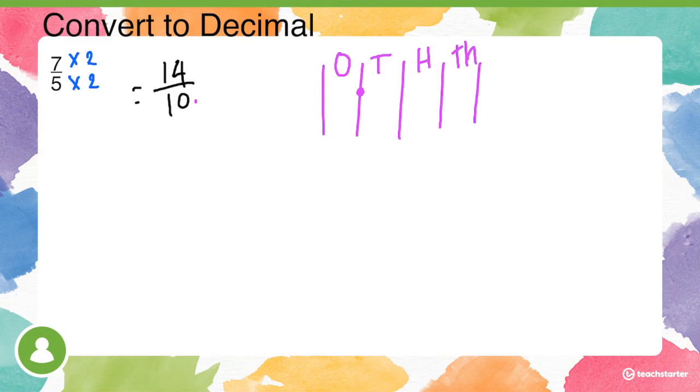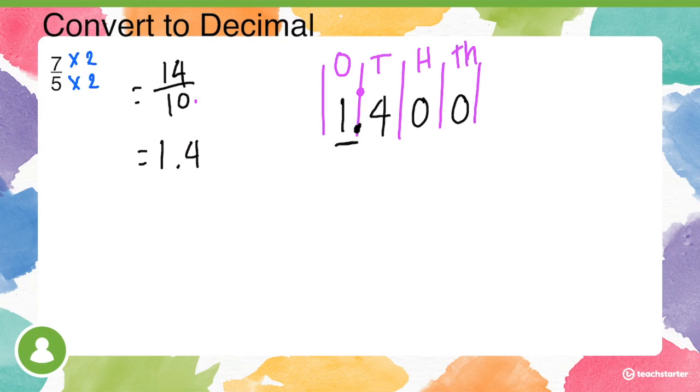So my last digit is going to be in the tenths column, and my last digit is a 4, so that's going to be in the tenths column. And then I don't have any hundredths, I don't have any thousandths, etc. But I do have one whole. I do have a 1 there because that is an improper fraction. So it's 1.4. So my answer is 1.4. So I've converted that fraction into a decimal.